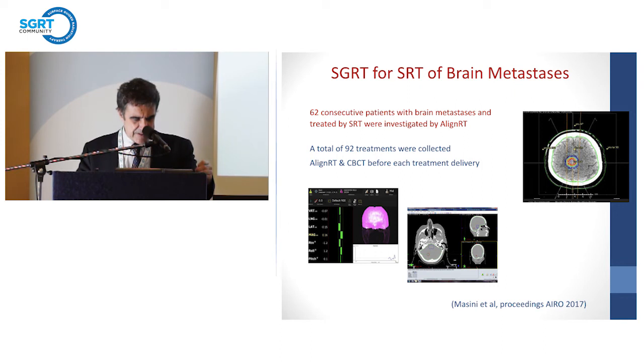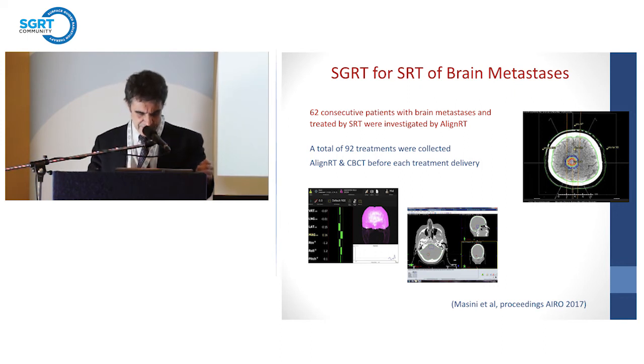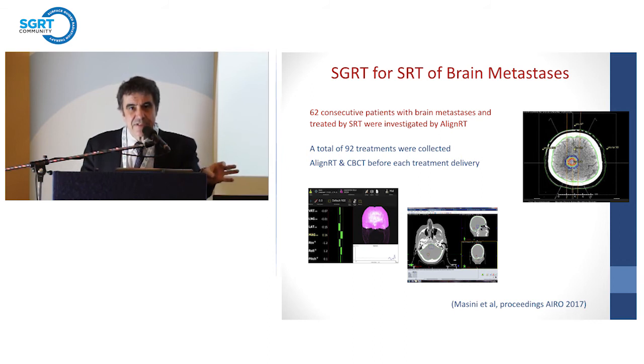We typically treat with stereotactic radiotherapy, and we analyzed with aligner T 62 consecutive patients. We usually use aligner T as a first modality to check the setup of the patient.